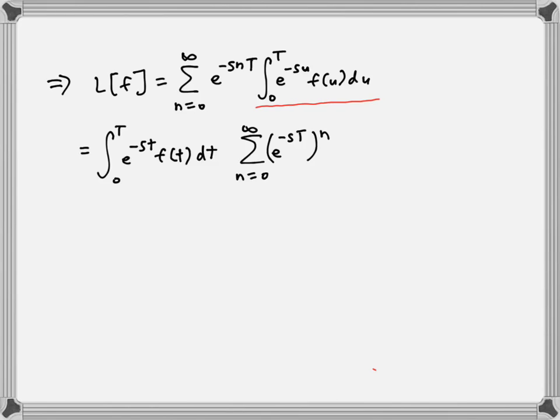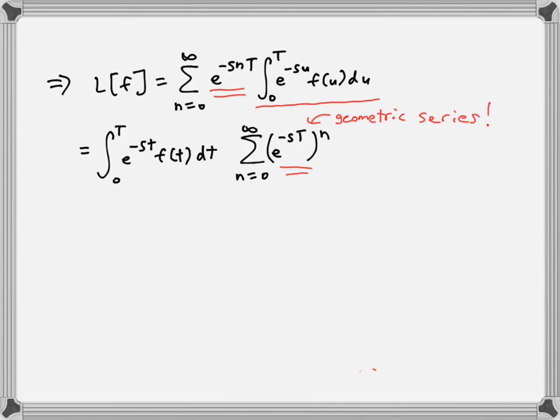Isn't this term that I double underlined the same as this? It is, just by exponent rules. However, this now is a geometric series. Remember, a geometric series always equals the first term over 1 minus the ratio.